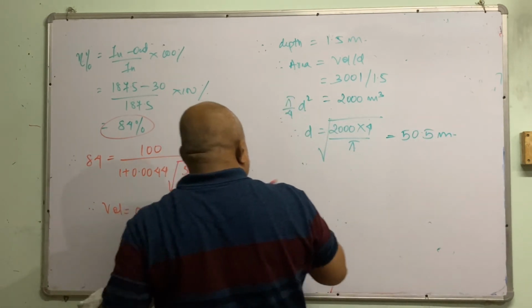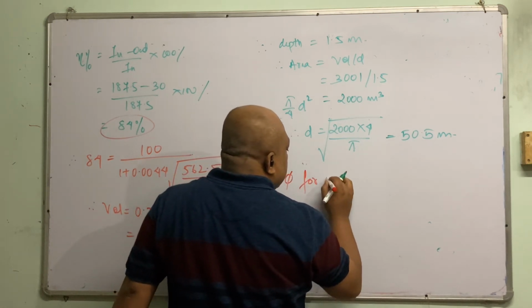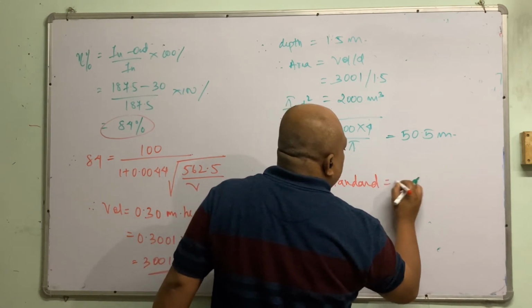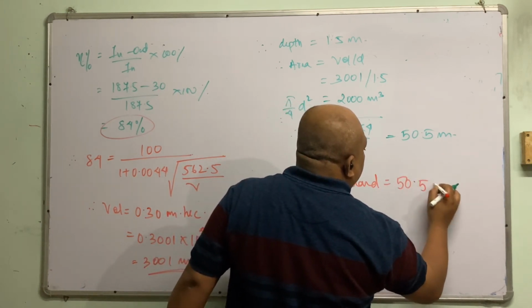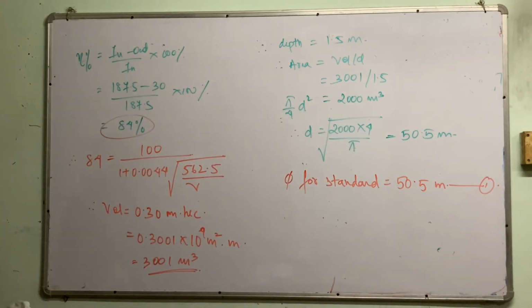Now, I can say that the diameter for the standard trickling filter is equal to 50.5 meter. Number one. Now let me find for the other one, that is a hybrid trickling filter.